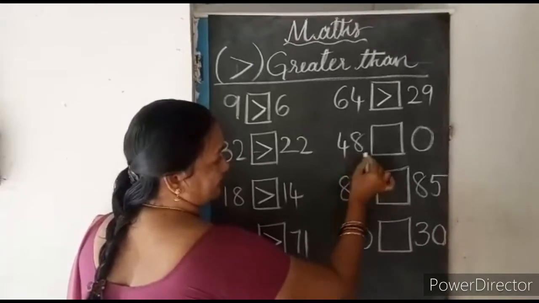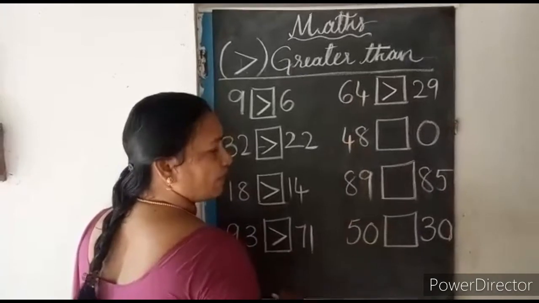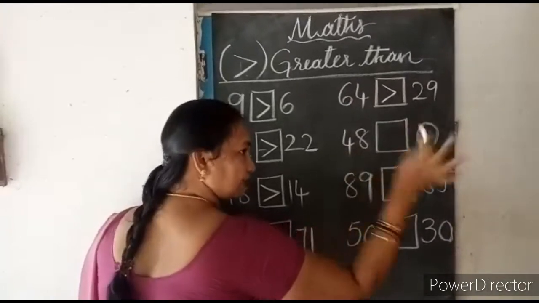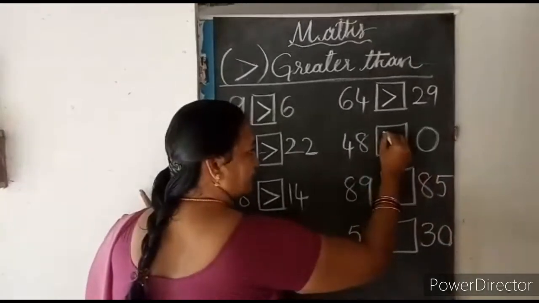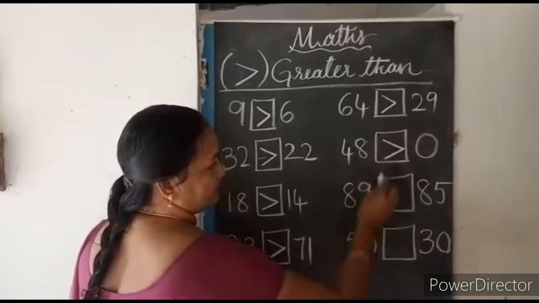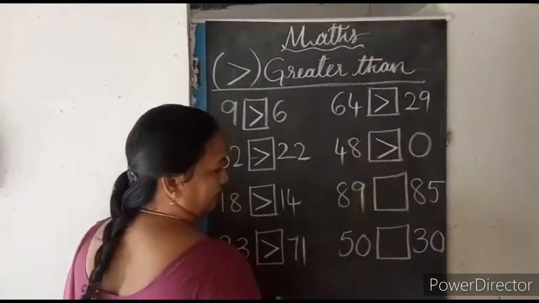Then is 48 greater than 0 or smaller than 0? It is greater than 0 because 0 is nothing. So, 48 is greater than 0. So, what sign is this? It is a greater than sign. Okay.